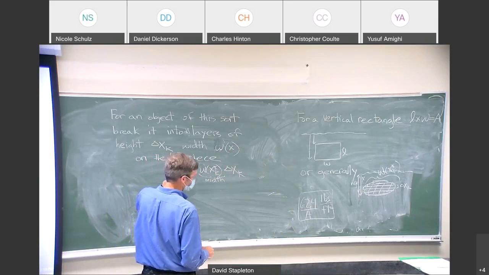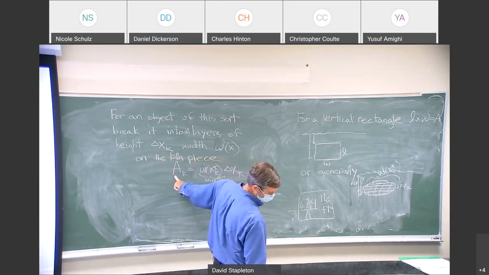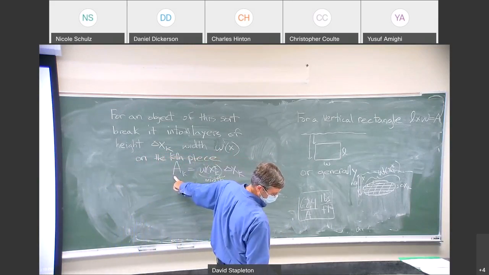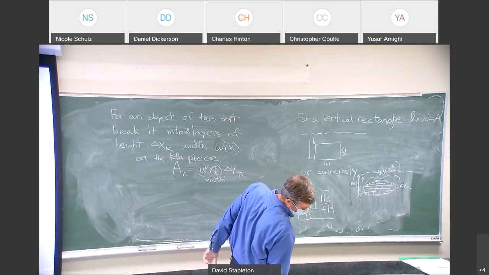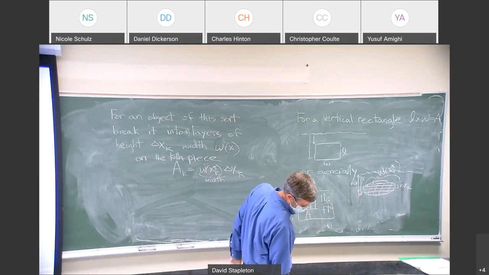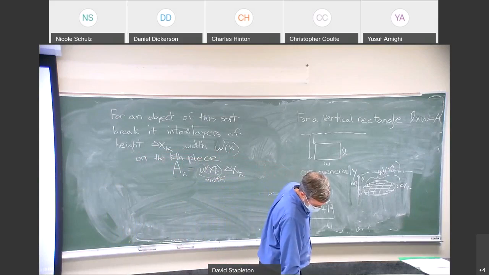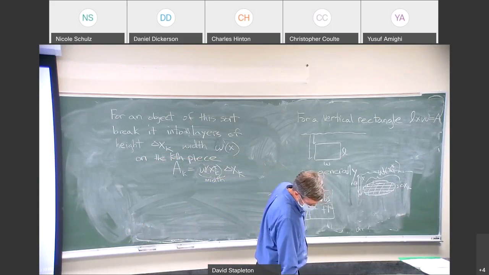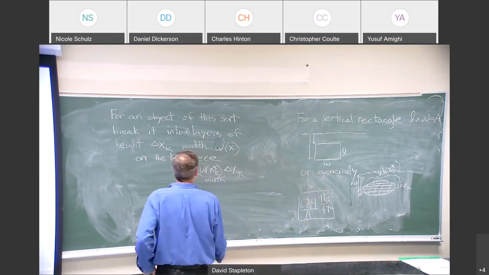Let's see. Well, the way they did it, they used rho for density in this section.